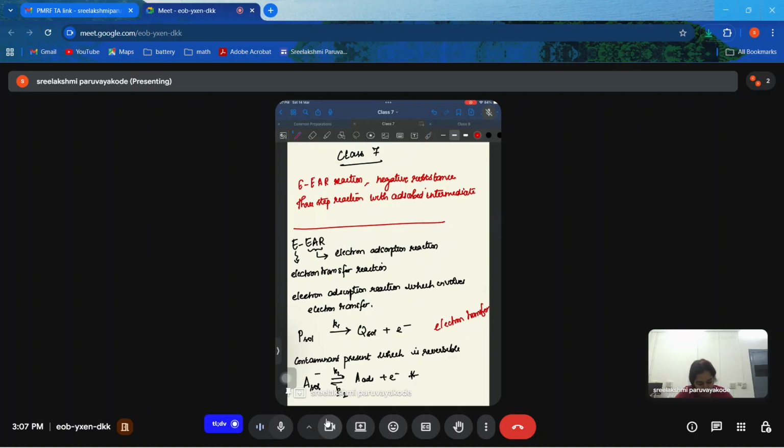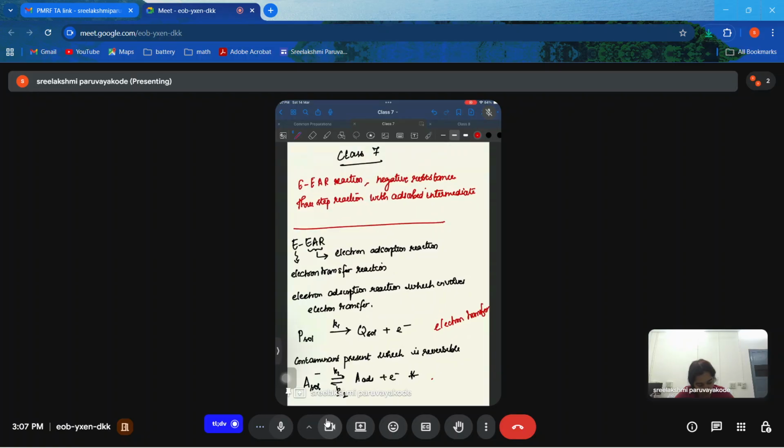There is an electron absorption reaction happening, where you have some impurities in the solution which is getting absorbed on the electrode surface and thereby blocking the effective area available for the reaction to progress.